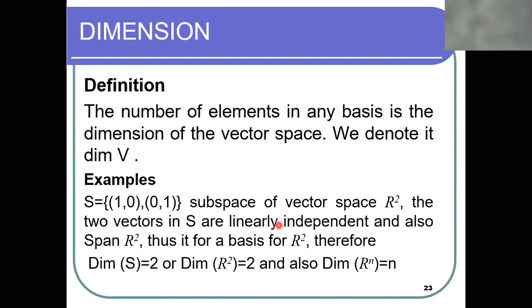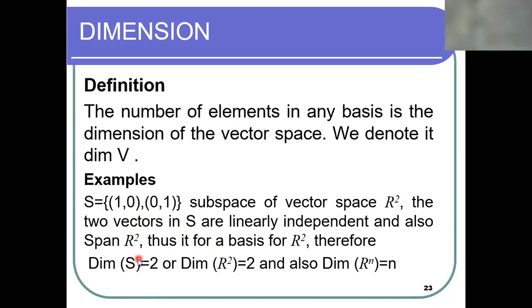The number of elements in a basis is called the dimension of the vector space. So if I say this is a subspace of the vector space R square, you should not be confused. If you take any small set of R square, since the vectors given in S are linearly independent and also span R square, thus it forms a basis for R square.